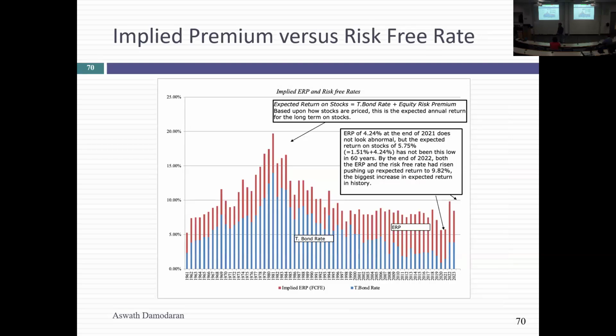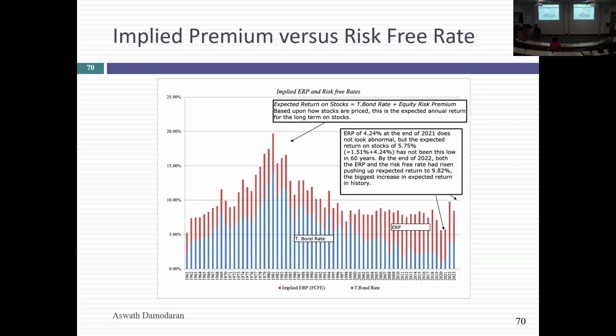And here's another way to present this, because the equity risk premiums in the last decade were not bad. They're not like 1999 premiums. They were 4.5%. So if you just look at the equity risk premium, you say, what's the big deal? Let me take you back to the start of 2022. The equity risk premium at the start of 2022 was 4.24%, towards the lower end of what it's been historically, but not bad.